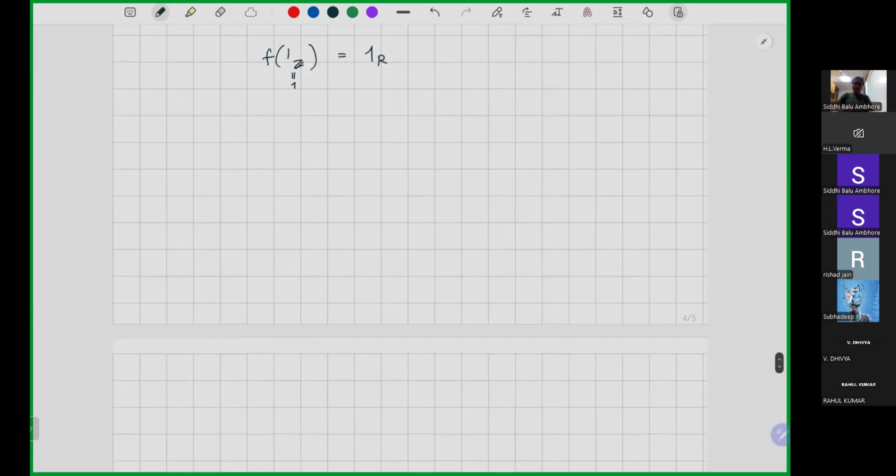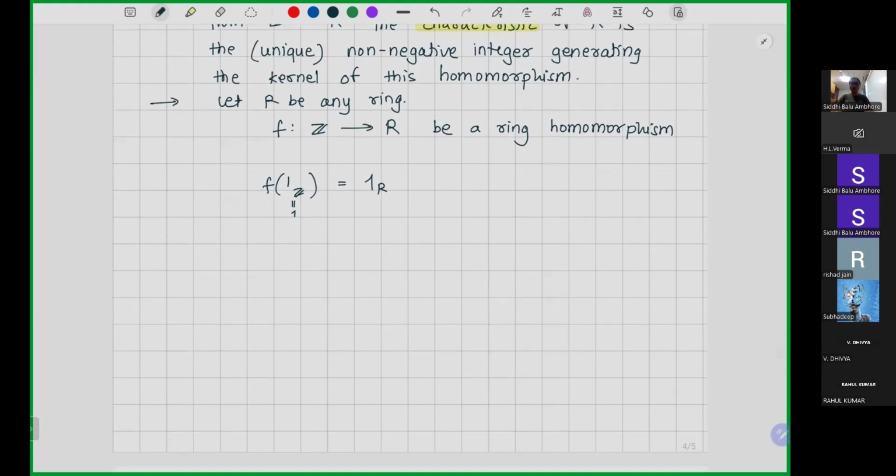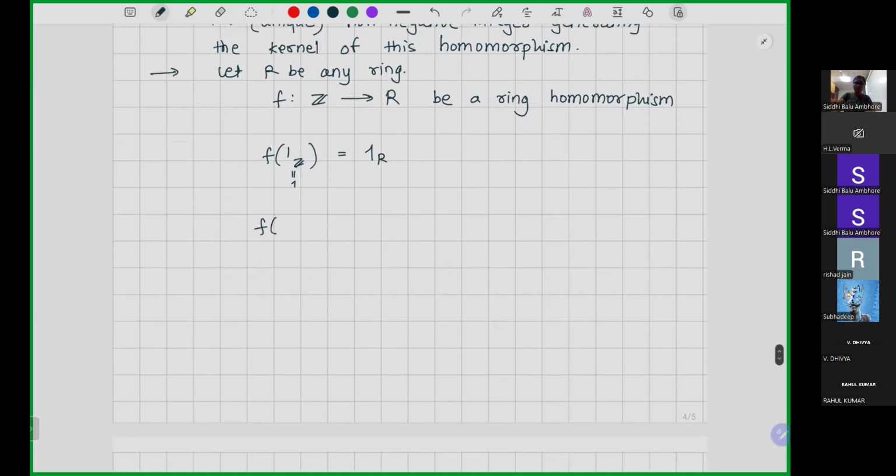And then every element of Z is some integer n, which can be written as the addition of 1, n times. So for a non-negative integer n, what is f of n?